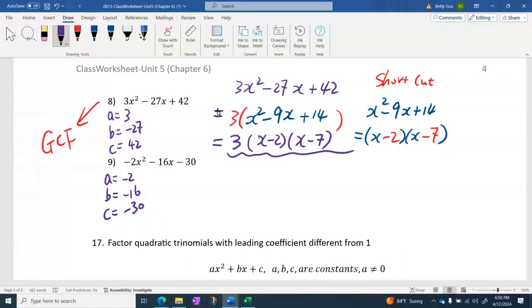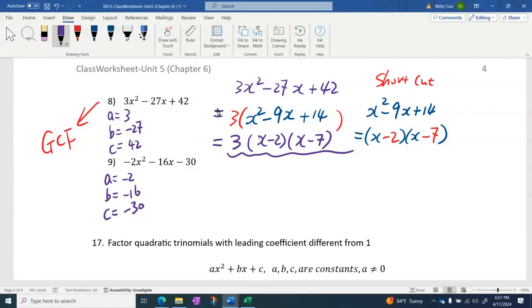Any questions about number 8? The purpose of question number 8 here is to show you that when the leading coefficient is not 1, it does not necessarily mean the shortcut method doesn't apply. You might consider factoring it out if the leading coefficient is the GCF.